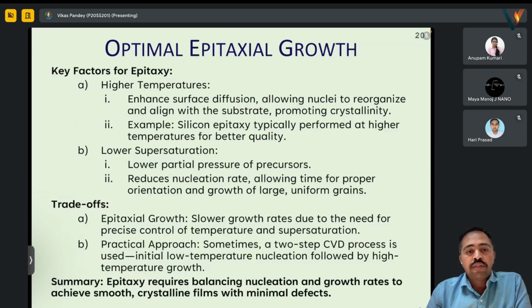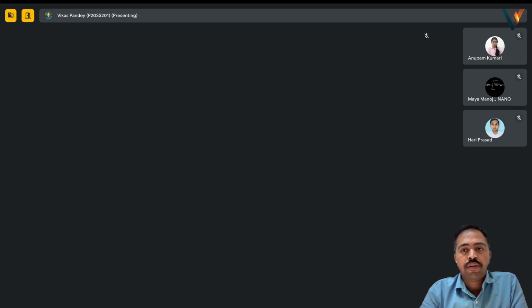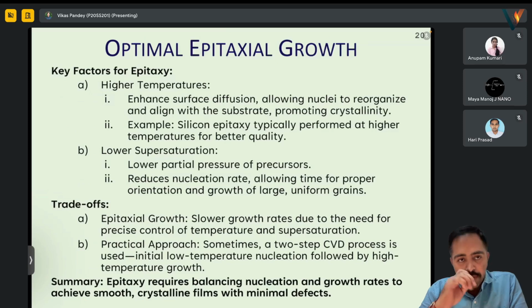Now, as we talked about CVD, one important application is the epitaxy. Any questions still here? Yes, anyone? Okay.